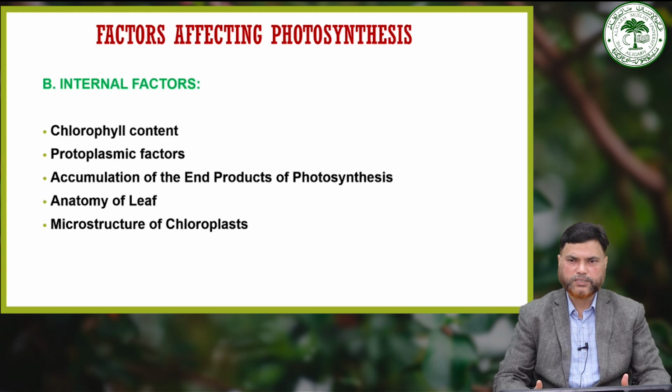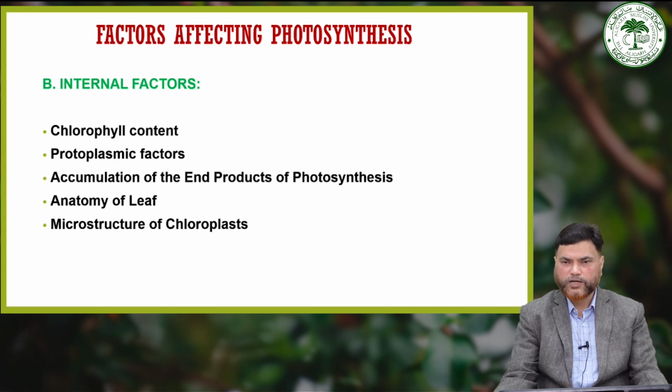However, some scientists disagree whether there is a direct link between how much chlorophyll there is and how fast photosynthesis happens. But if we talk about it logically, it makes sense that if there is more chlorophyll, photosynthesis should happen faster, as long as everything else the plant needs is also favorable.